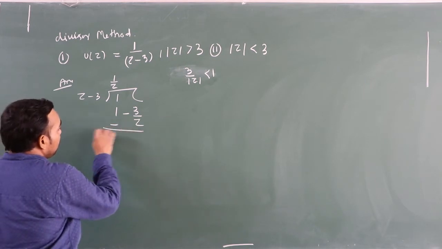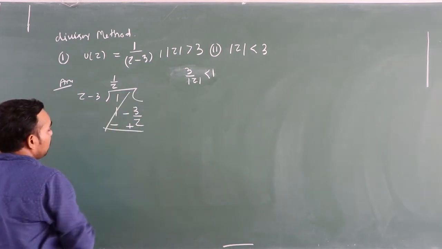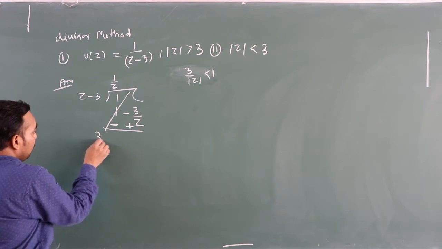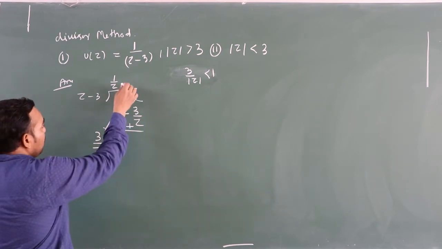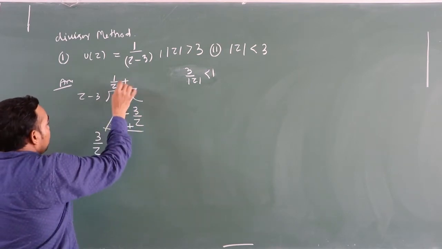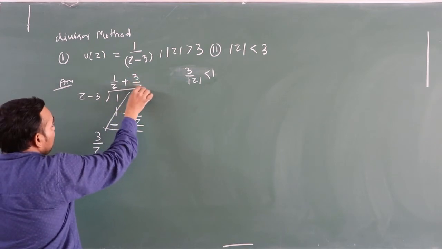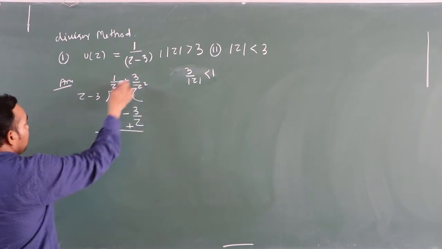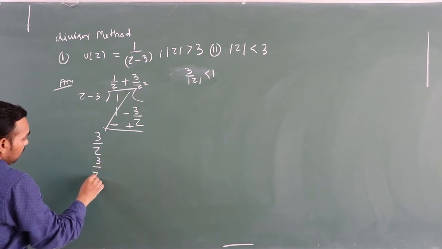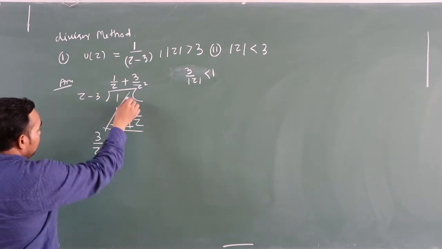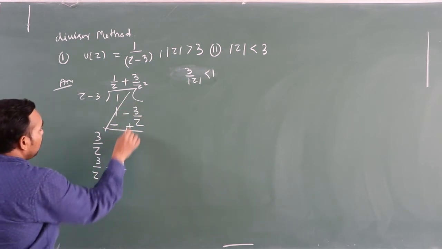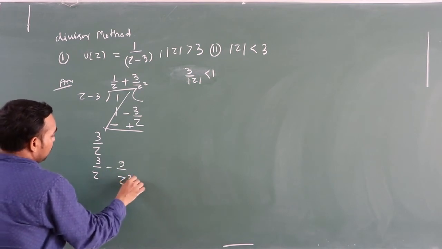So this term cancels out, and again we get 3 upon Z, and we can say 3 upon Z square. Multiplying, we get 3 upon Z minus 9 upon Z square.